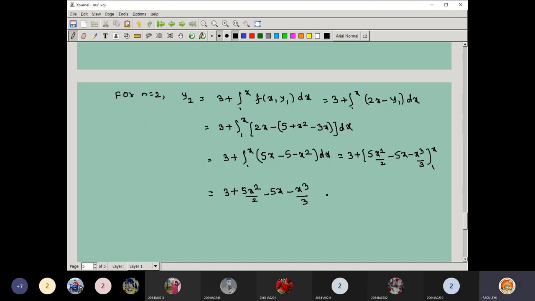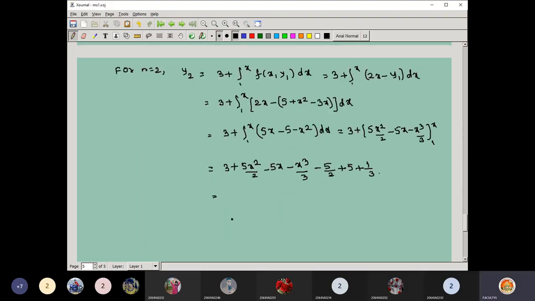And when you go for the lower limit, minus 5 by 2, that is plus 5 and plus 1 by 3. Simplify this a little. So first write the x terms: 5x square by 2 minus 5x minus x cube by 3.